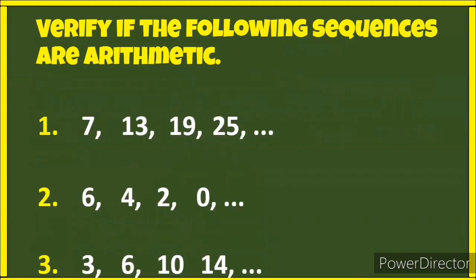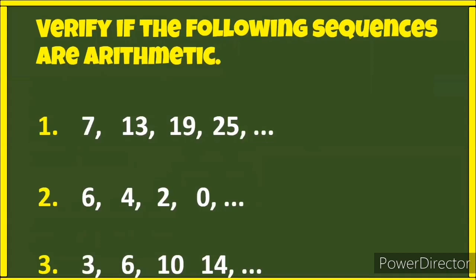Now, let's verify if the following sequences are arithmetic. Remember that in arithmetic sequences, there is a common difference between two consecutive terms. And that can be obtained by subtracting a term from its next term. Let's try. Number 1, 7, 13, 19, 25, and so on.